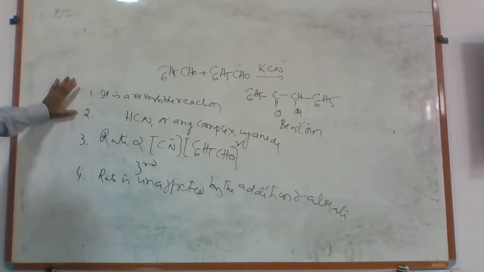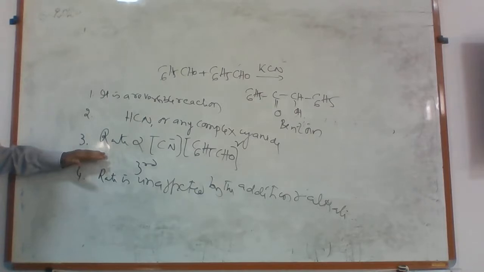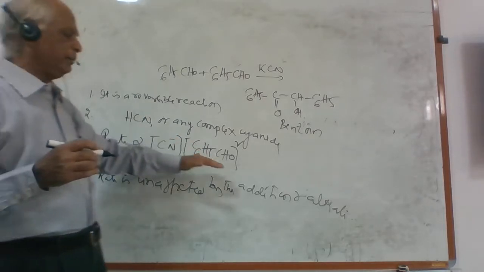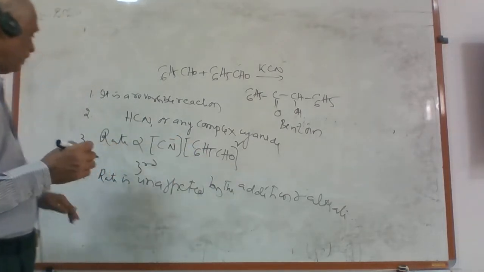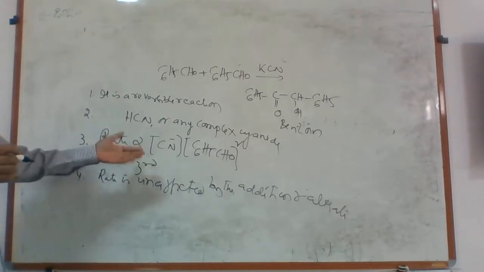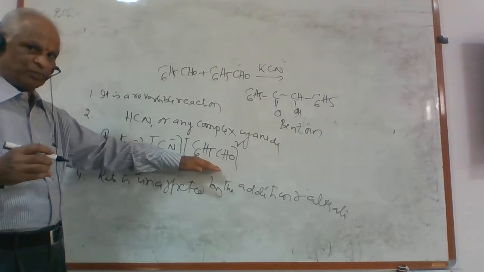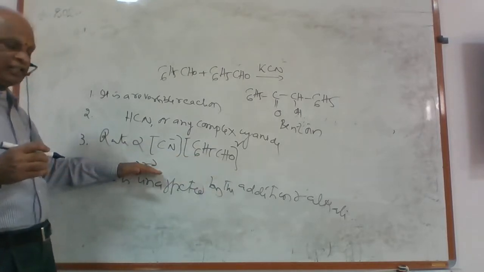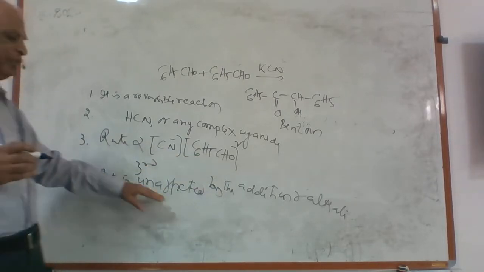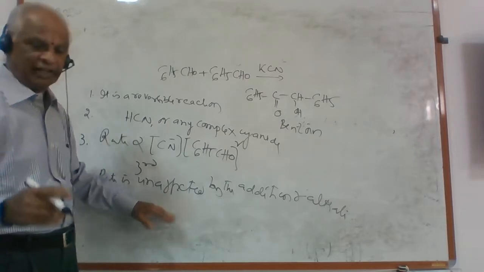Hydrogen cyanide or any complex cyanide does not promote the reaction. Rate is directly proportional to concentration of cyanide ion and benzaldehyde concentration square. As I told you, it is first order with respect to cyanide ion, second order with respect to benzaldehyde. So in total, it is a third order reaction. Rate is unaffected by the addition of your alkali.